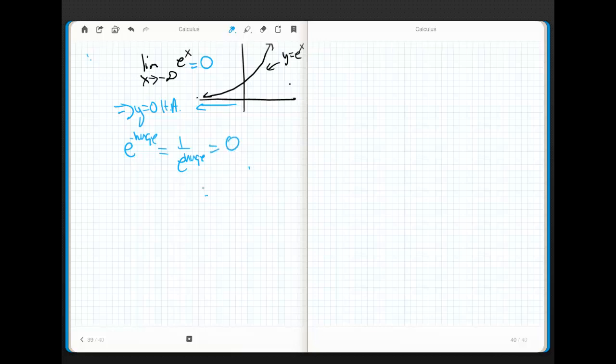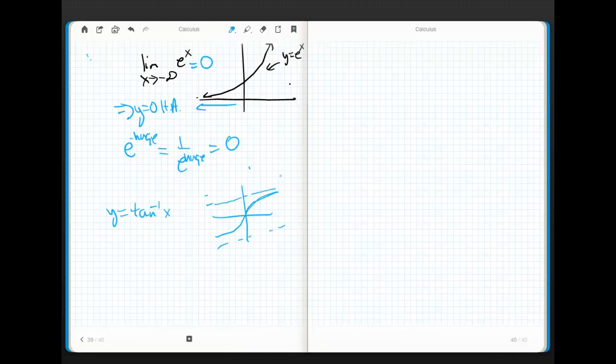So guess what? We now have a fantastic way to define asymptotes. Take, for example, y equals arctan of x. I think this is in your book. Remember that guy? It looked like this, and this was the inverse of tangent, and we had those horizontal asymptotes.